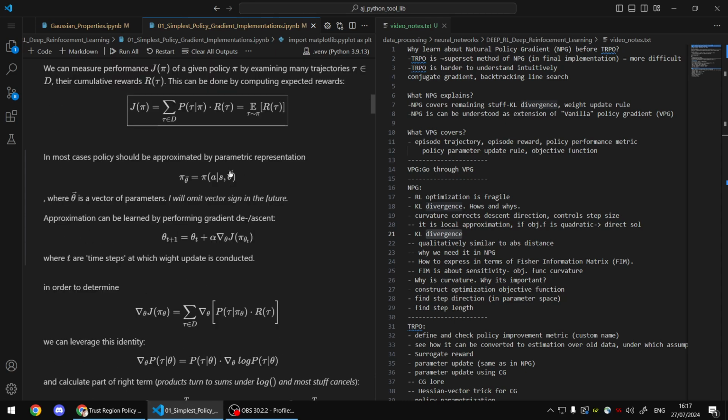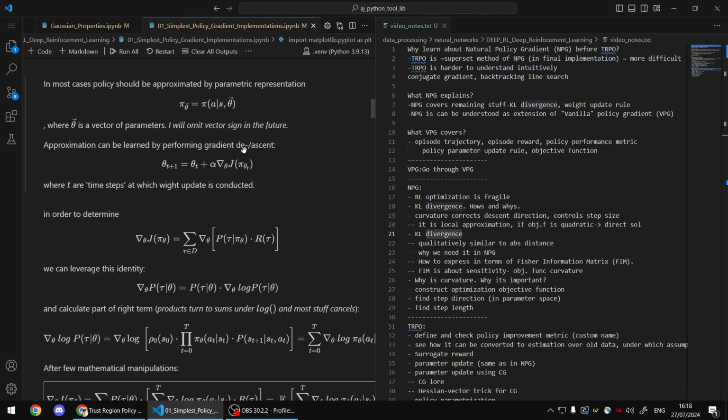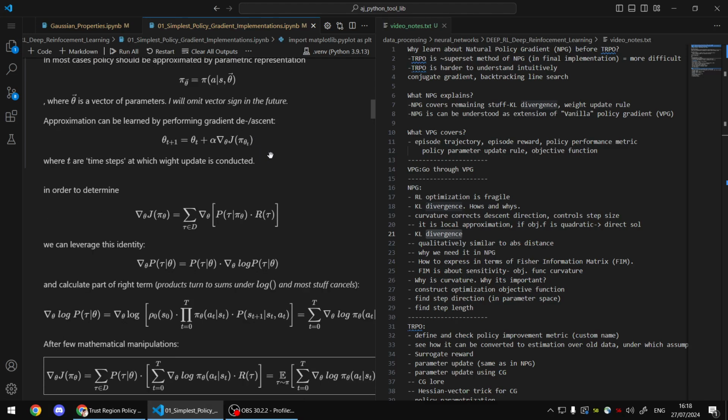And so the idea is to maximize the performance of our policy, and that means we can use gradient ascent in this case and move along iteratively, basically improve this policy if we move along the gradient of this performance metric. That's basically the gradient ascent step. Hopefully you're familiar with it.